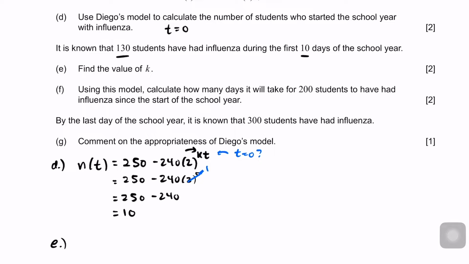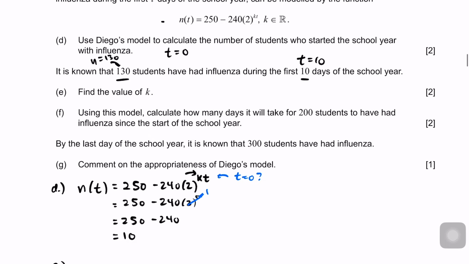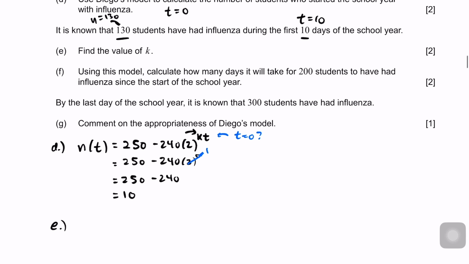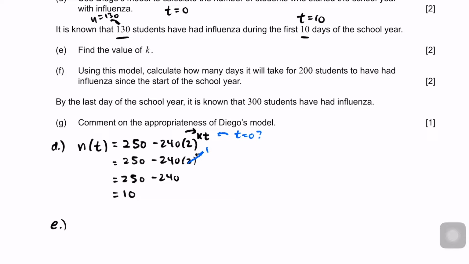So in this case, they gave us a value of t is equal to 10, and they gave us this value of n is equal to 130. So this original function was relating number of students with influenza to time. And in this case, they're giving us a value for n, and they're giving us a value for t. And with that, if we substitute, we should be able to solve for this unknown right here.